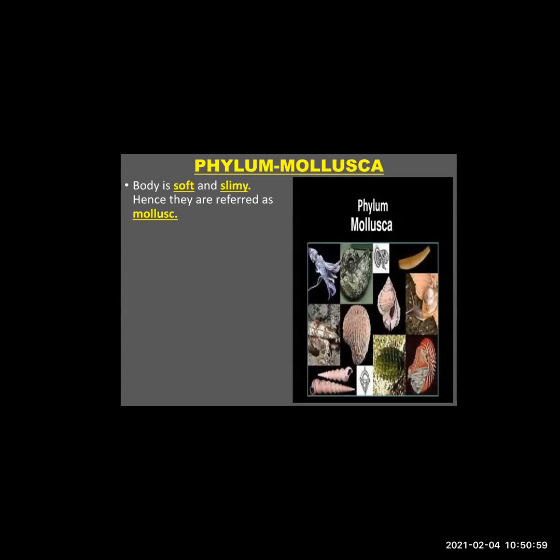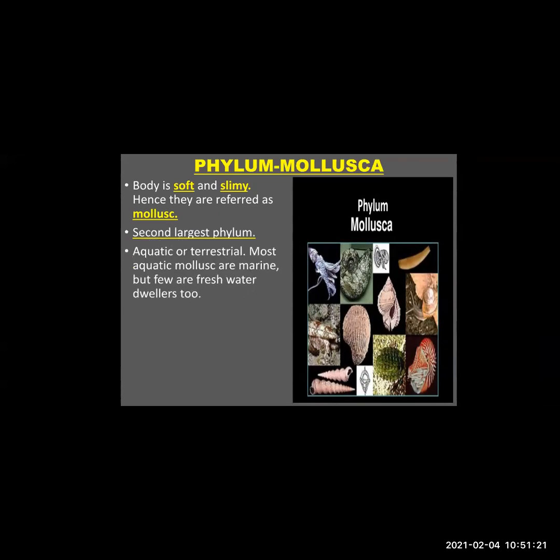Hence, they are referred to as mollusks. Next point: it is the second largest phylum. Students, you have to remember the first largest phylum is Arthropoda. The second largest phylum is Mollusca, the second largest phylum in the animal kingdom.